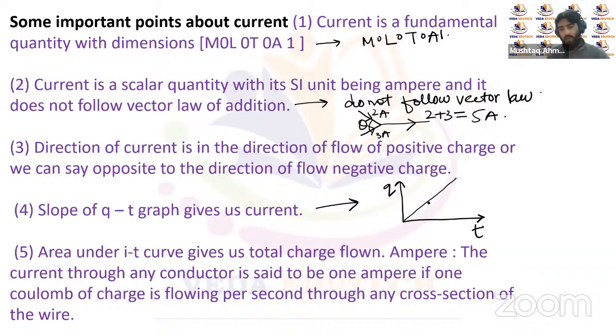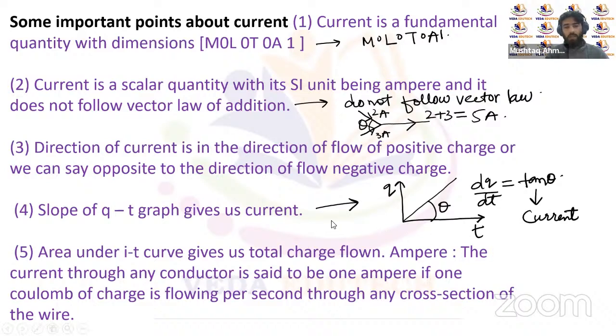Then the slope of this charge time graph is defined as dq upon dt, or we can write it as tan theta also. This slope of the charge time graph gives us the current flowing through the conductor, or the instantaneous current. If the slope is constant, then the current is constant. If the slope is varying, then the current is also varying.